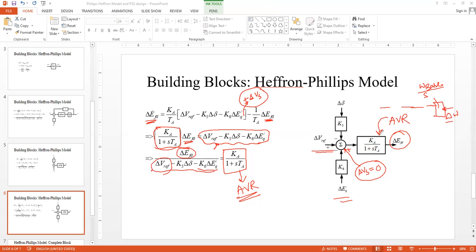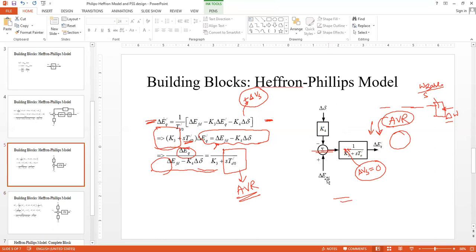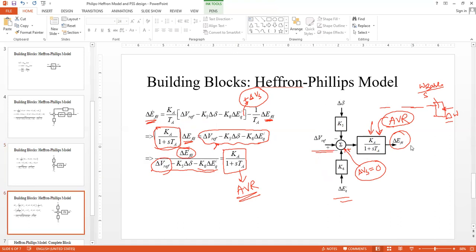Then you have this AVR, Ka over 1 plus S TA, and the output here is delta EFD. So this delta EFD would be ultimately going into the previous block, as I said. This delta EFD is actually coming from this block over here.